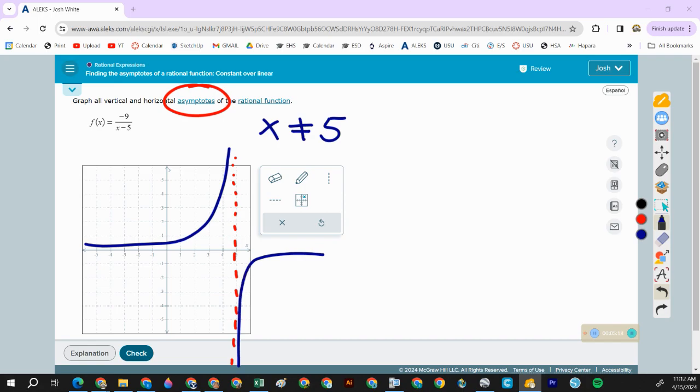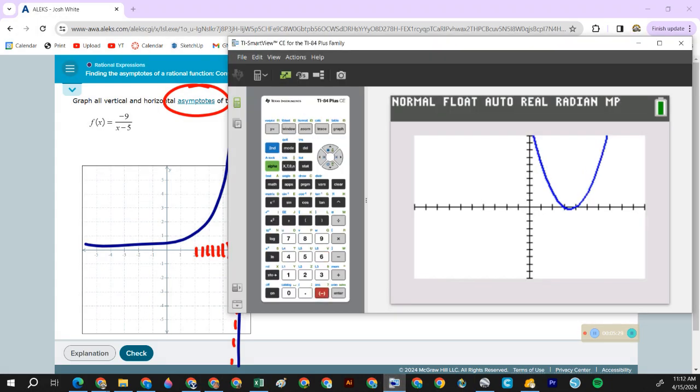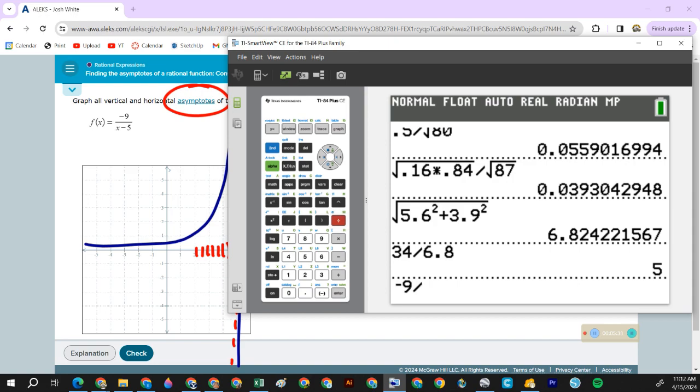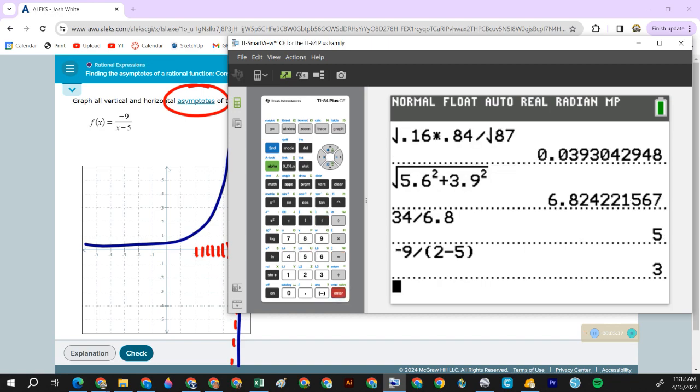So let's start plugging in numbers that get closer and closer to 5 and see what happens. So my function is negative 9 divided by, and let's do 2 minus 5. We get 3. Now let's plug in 2.5.